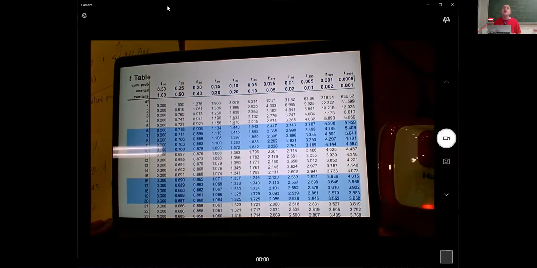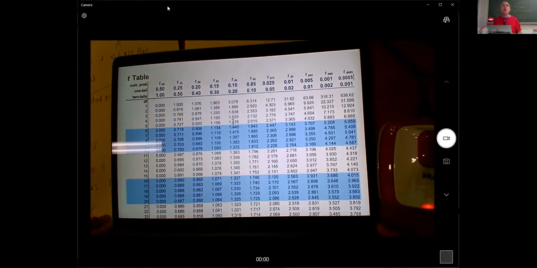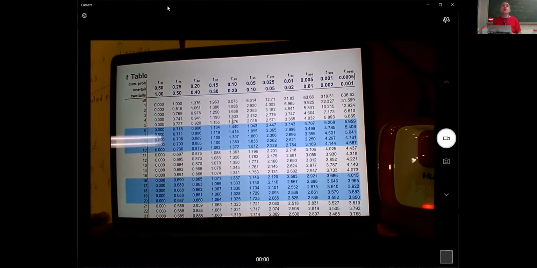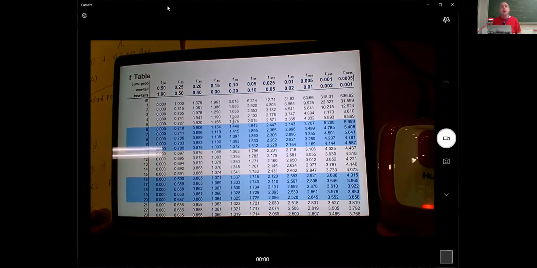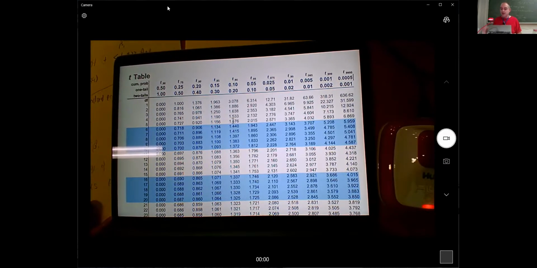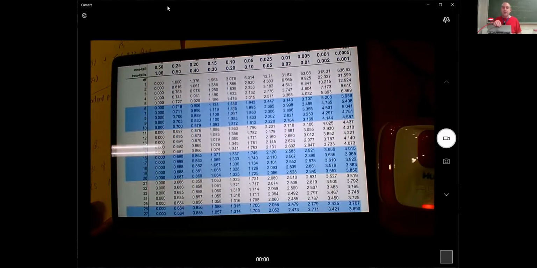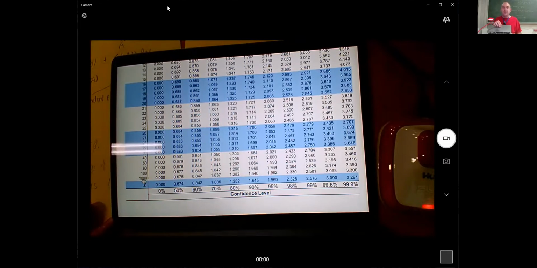This is different to the way the normal table works. Because there's a different t for every number of degrees of freedom, they can't give you all the possible values that t could be. They only give you the values of t that give you specific probabilities. So I need to go down to row 2,448, which isn't in my table, so I'll just use the next available row, which is the infinity row.